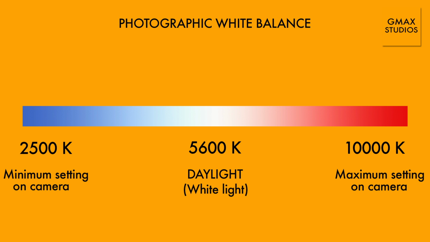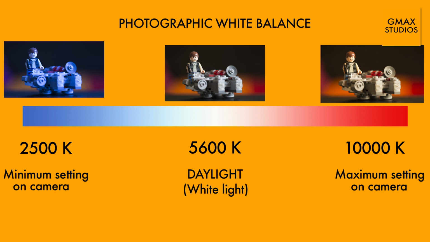Photographically, all that we need to know is that lower the number, like 2500 Kelvin, the colder or cooler our photographs will be, and higher the number, like 10,000 Kelvin, the warmer our photographs will turn out to be. In between 2500 and 10,000, there exists a region of pure white light, which is at 5600 Kelvin.